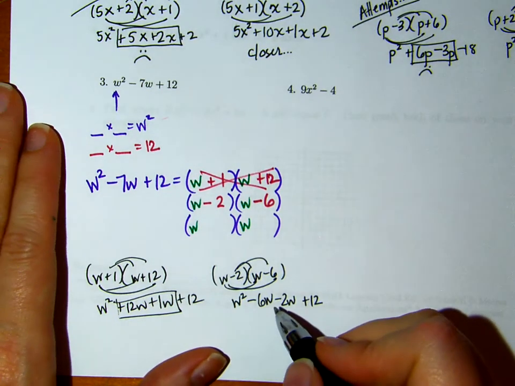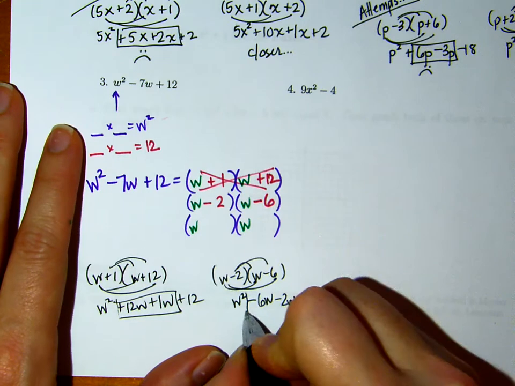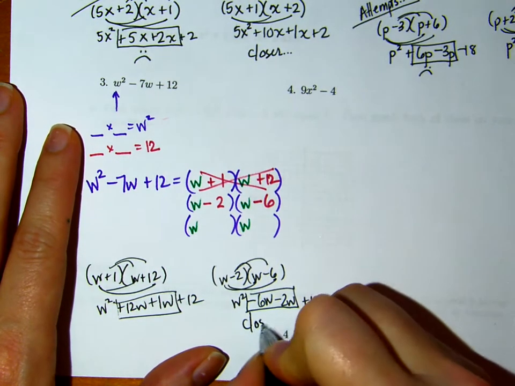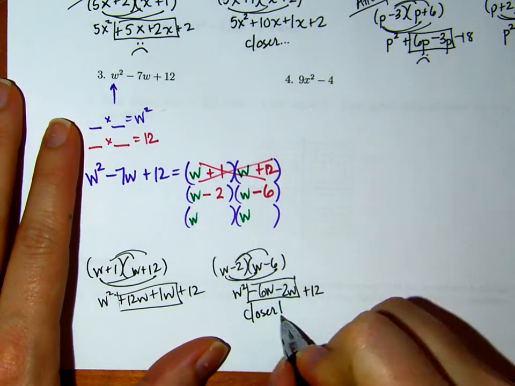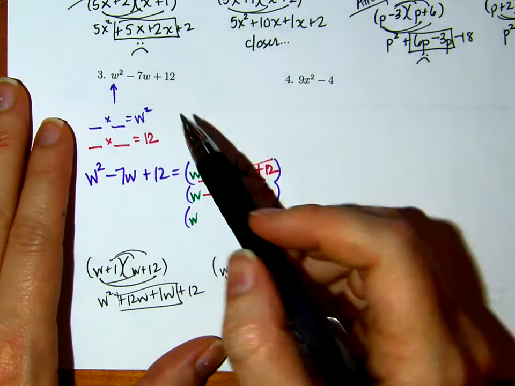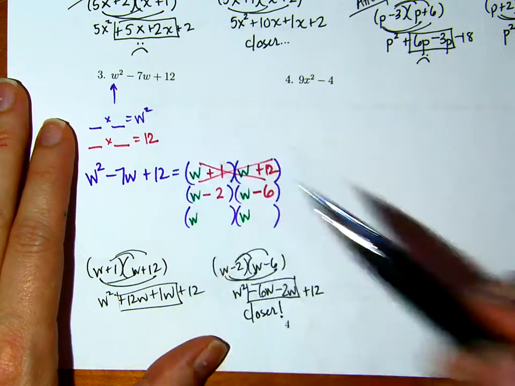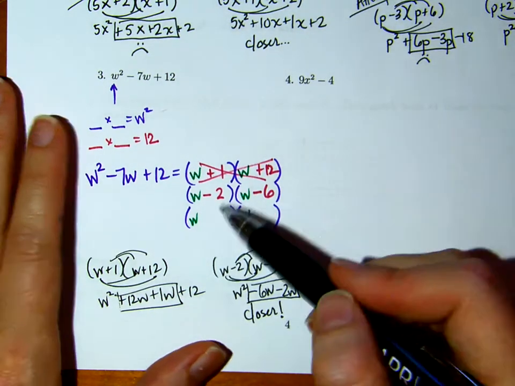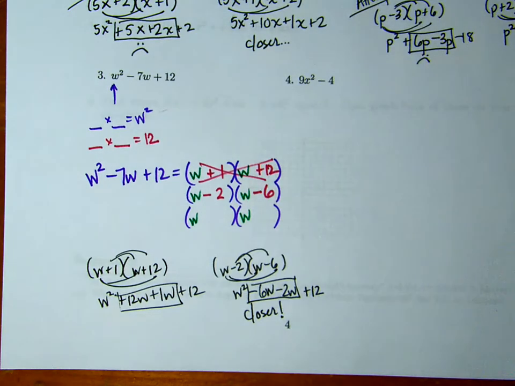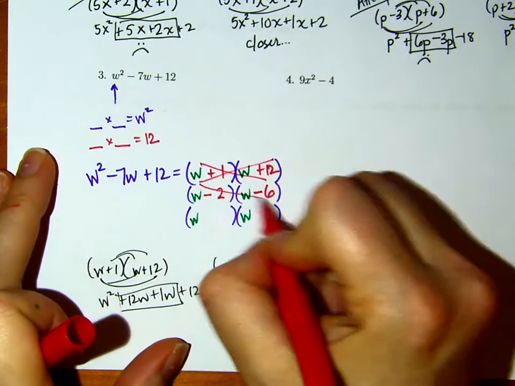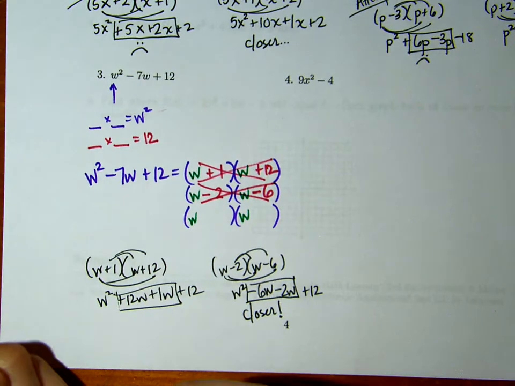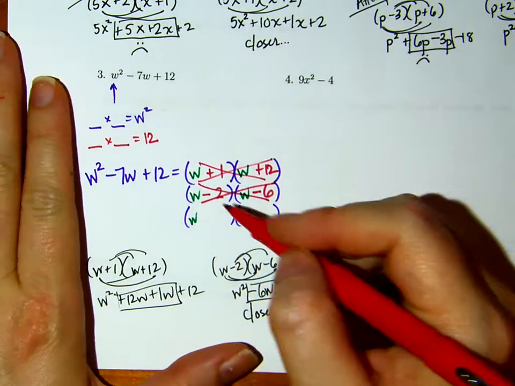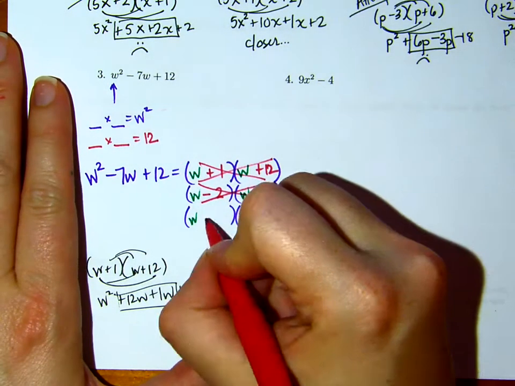Oh my gosh, that's really, really close. Closer. And what I mean by that is this is -8 W's, and we need -7 W's. So I think the negative idea was good. I think the 2 and 6 were good, not great.